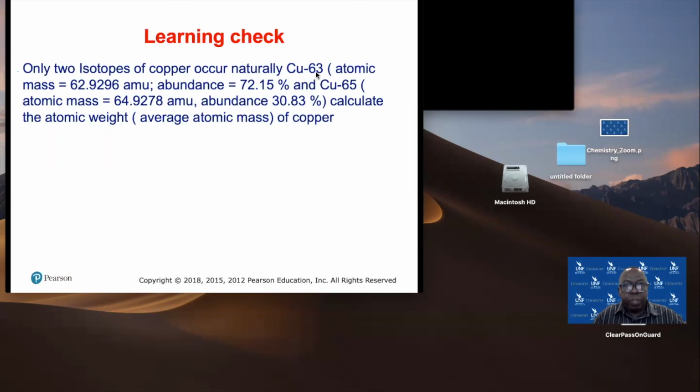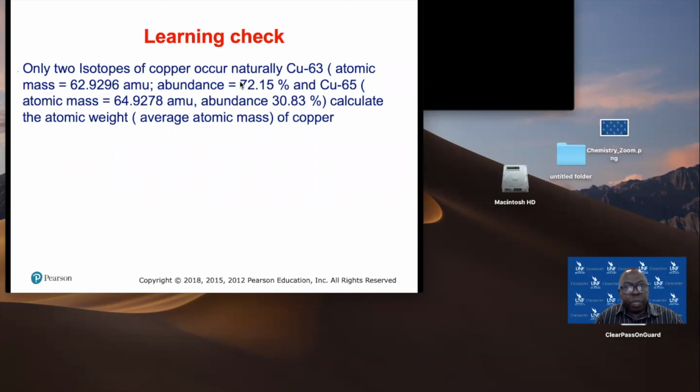This is copper 63 and copper 65. For copper 63, this is an isotope with mass number 63. This is the mass in amu, and the percent abundance. So we change this to 0.7215 times 62.9296, plus, remember the summation.